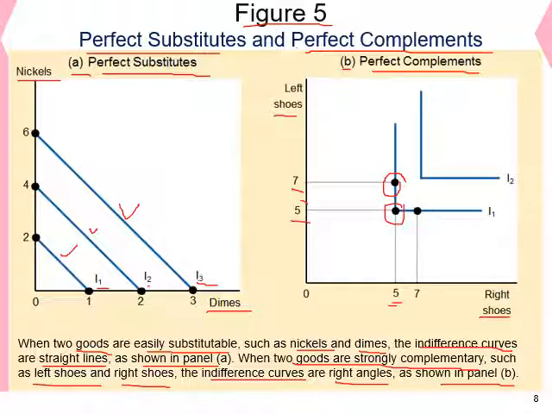So the bundle will be at the right angle, 5 and 5, this point, and will make the consumer equally happy in that case.